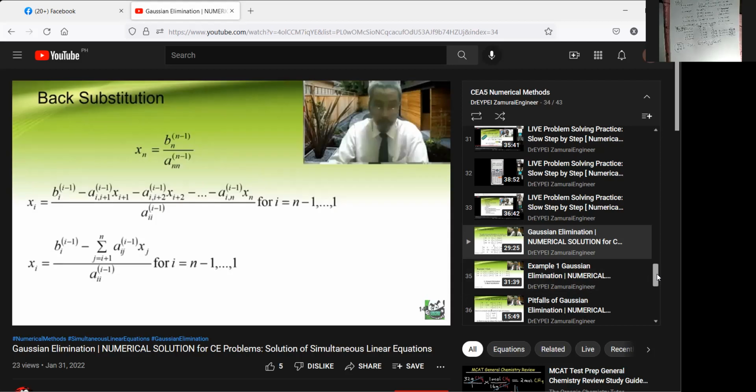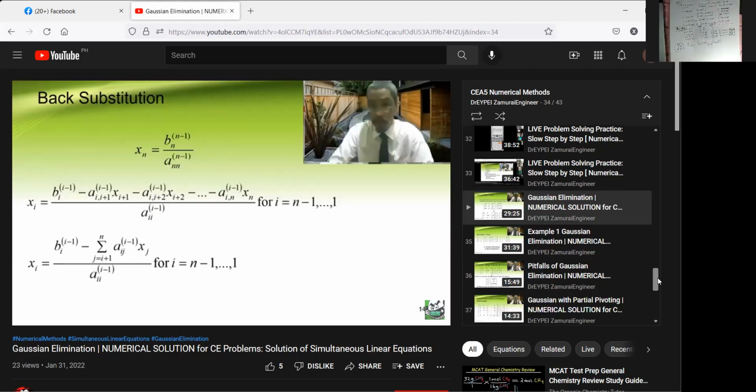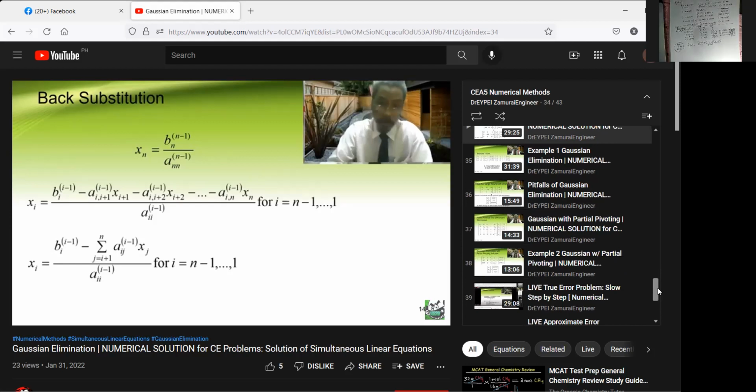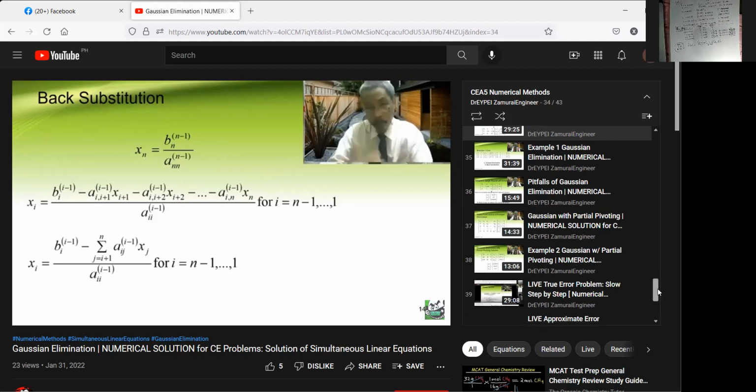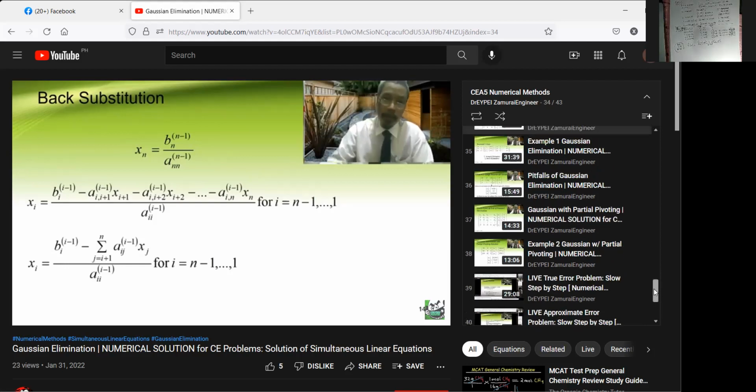Not only Gaussian elimination, but Gaussian with partial pivoting. Look in our textbook for exercises or problem solving under Gaussian with partial pivoting and Gaussian elimination, because we will jump over the live.